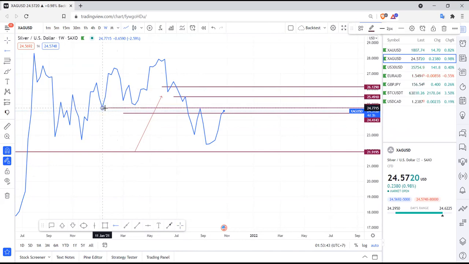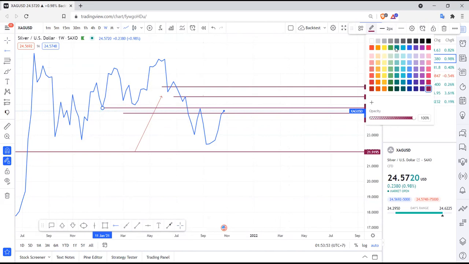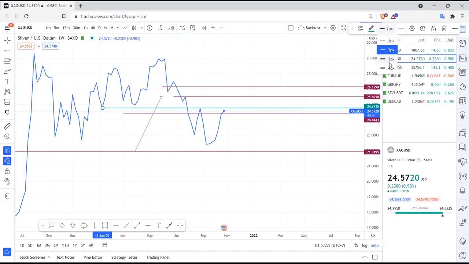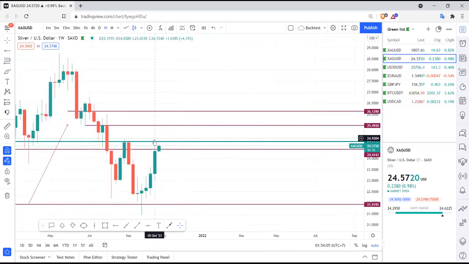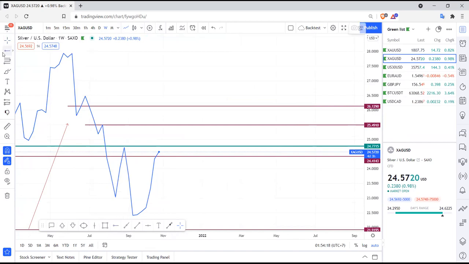This one, the nearest breakout. I will use a green line for weekly breakout. And then last week, silver closed below the weekly breakout. So the next target will be the weekly breakout.